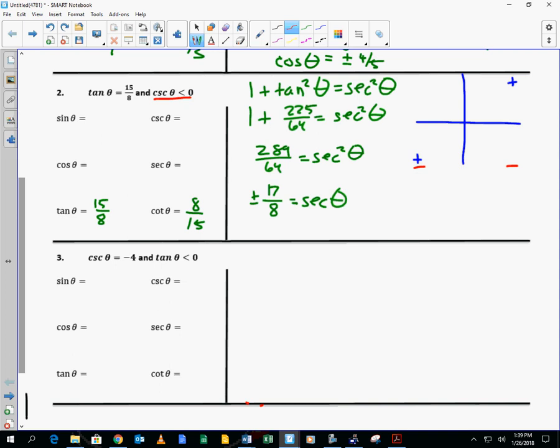So therefore, in quadrants 3 and 4. So which quadrant am I working in? Yeah, 3 is the overlap. That's where both of those things happen. So I'm in the third quadrant. Is sine positive or negative in the third quadrant? Negative. Cosine positive or negative? Negative. So is secant positive 17/8 or negative 17/8? Negative 17/8.